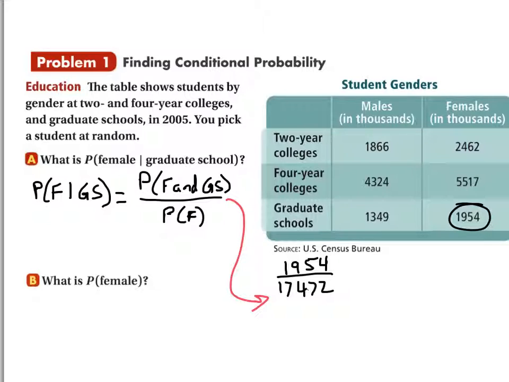Let's then divide that by the probability of selecting a female. Oops, that's the wrong spot here. That's graduate school. We want female. So what is the probability of selecting just a female?